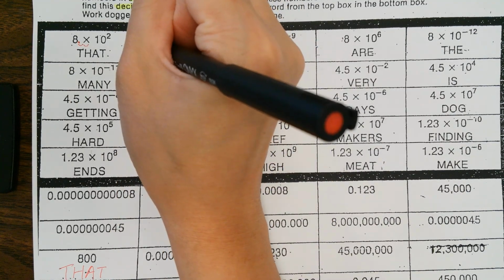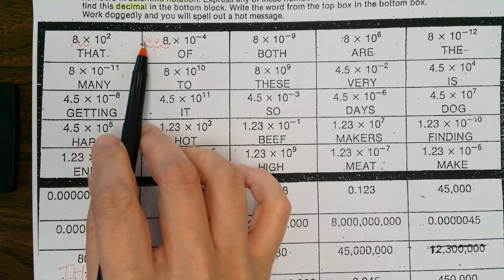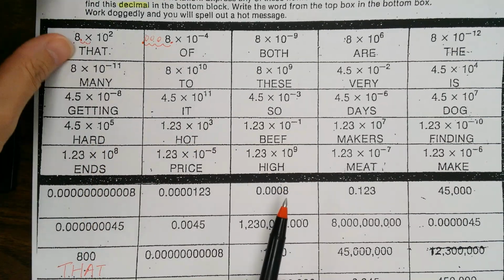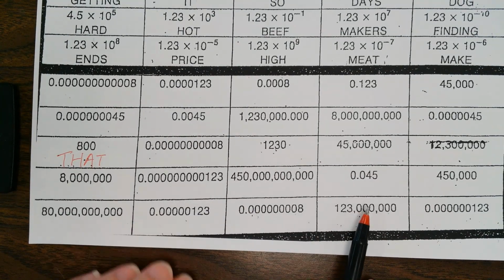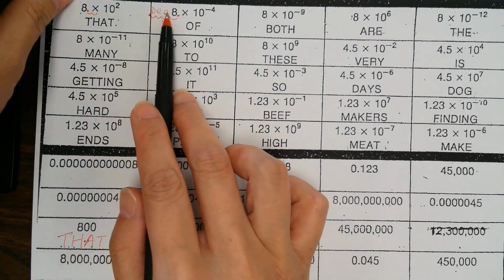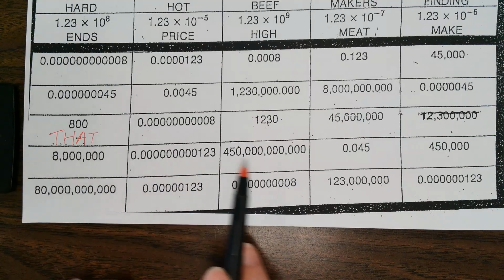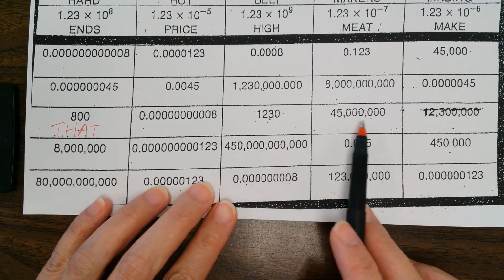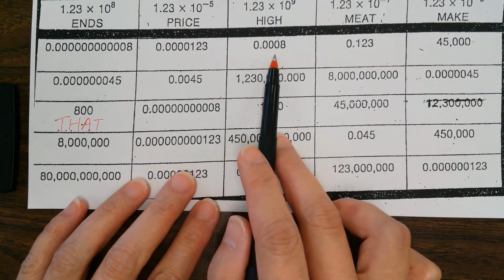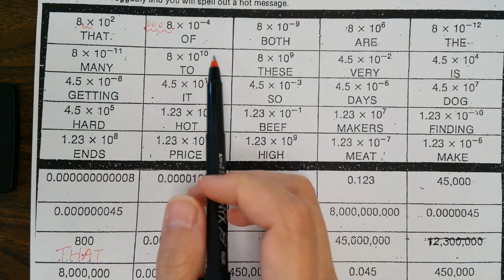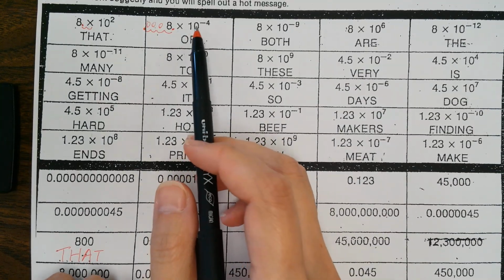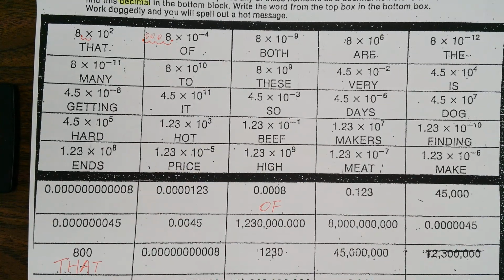So I look for 0.0008 and I write the word of. Don't we have to flip the base? Third box, right. So I write of. Good question.